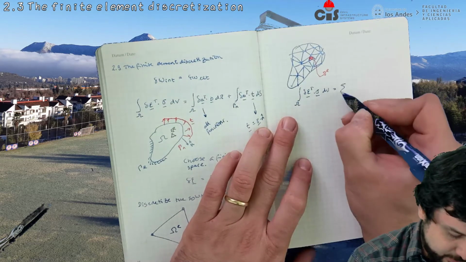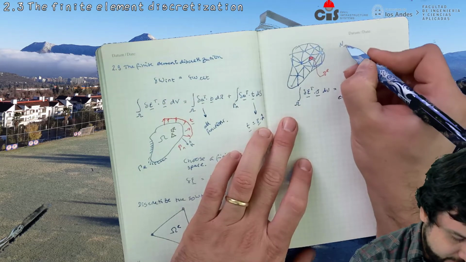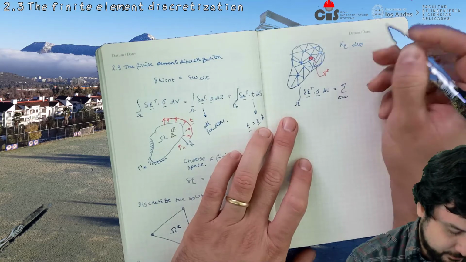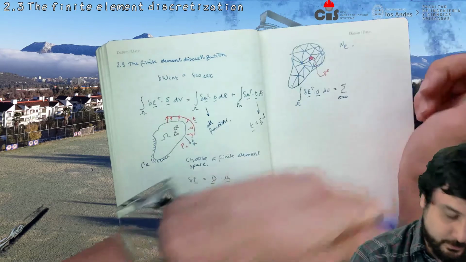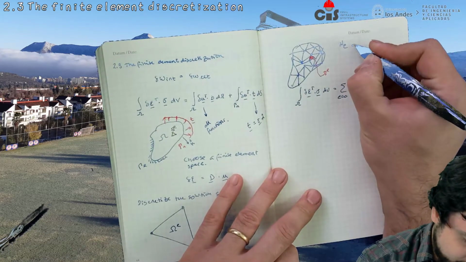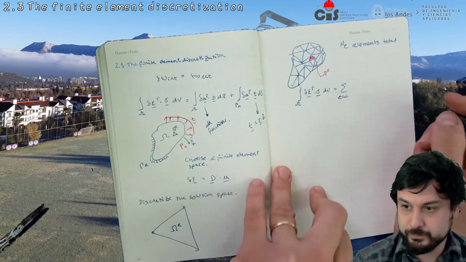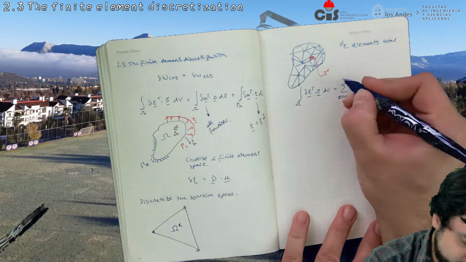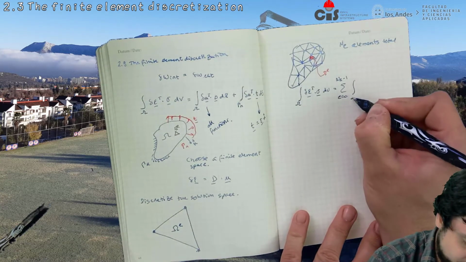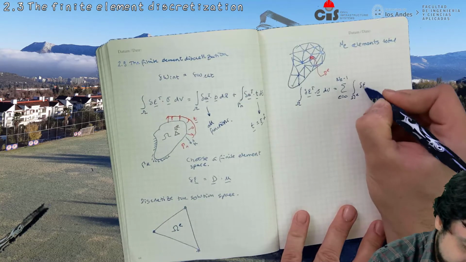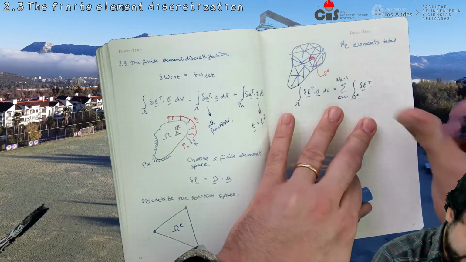So you can say e equals 0 to n sub e minus 1, if there are n sub e elements total, and you put in here the integral over omega e. So for each of these elements, we just split up the domain in this way. We discretize it like this.